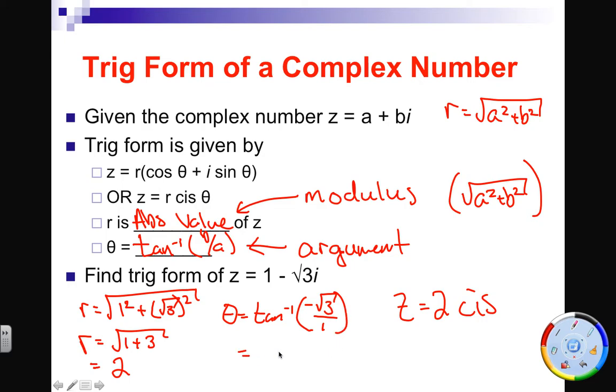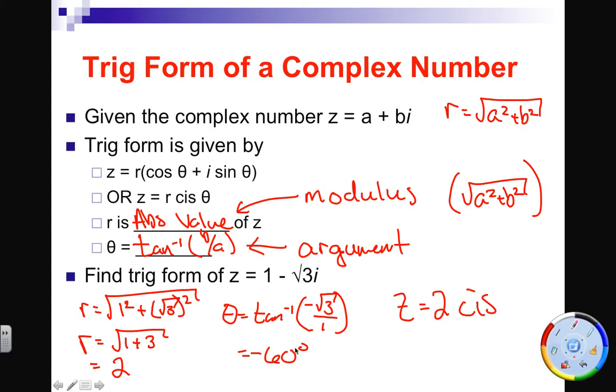And if you do that on your calculator, you get this. The tan inverse of negative square root of 3 divided by 1 is negative 60 degrees. On your calculator, you get negative 60 degrees, and you probably should figure that out because it was a special angle.